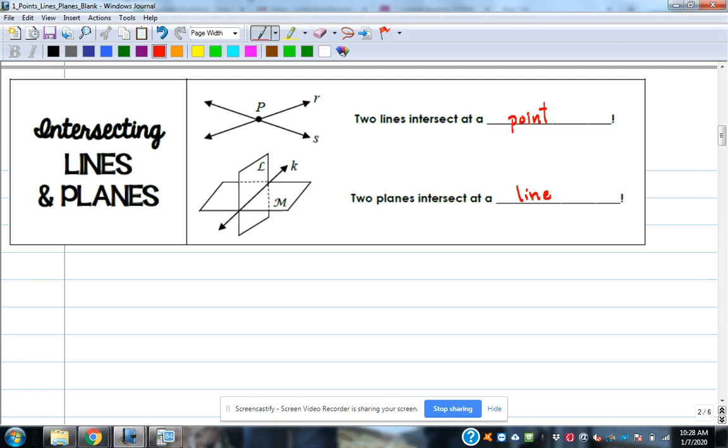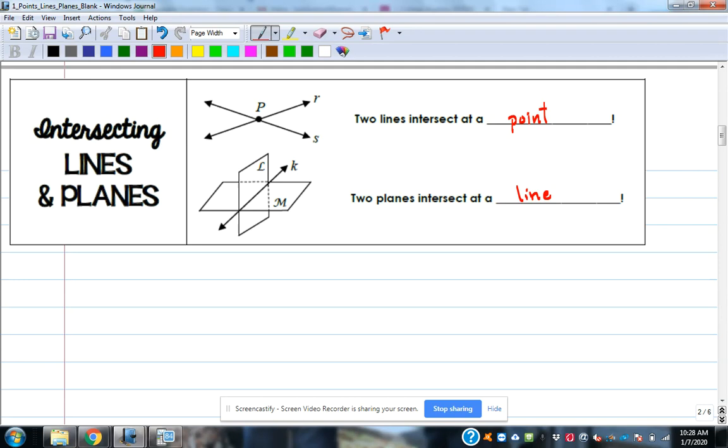They're planes, they're flat surfaces. When this plane meets that plane over there, that seam where the two walls meet together, that's a line. So when two planes meet together, it's going to be a line. Three planes, if you had three planes meeting together, that'd be like this wall, that wall, and the ceiling. And we look up there in the top corner, what is that? Where the three planes intersect.